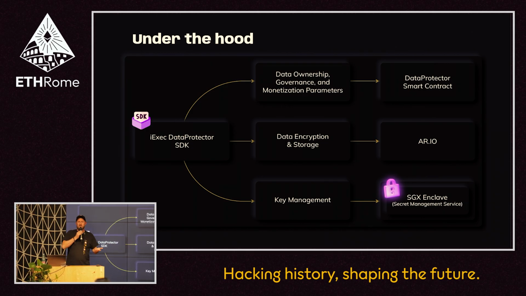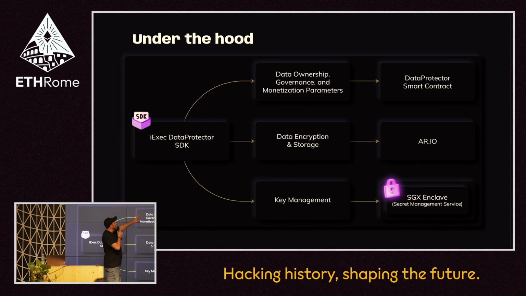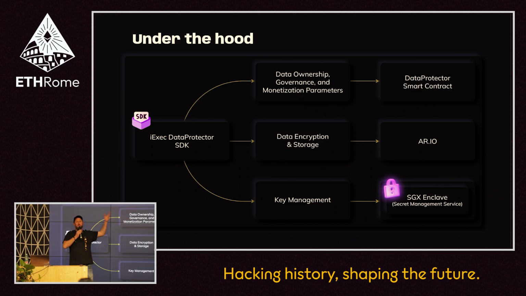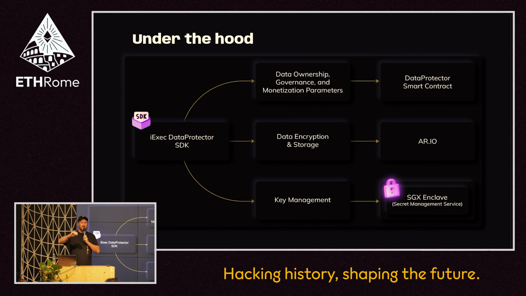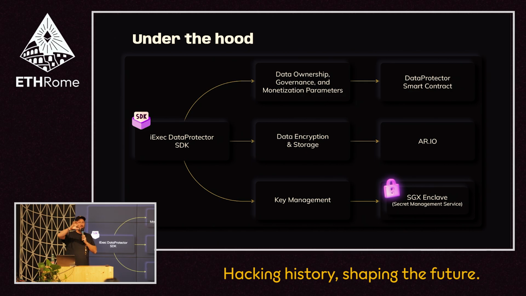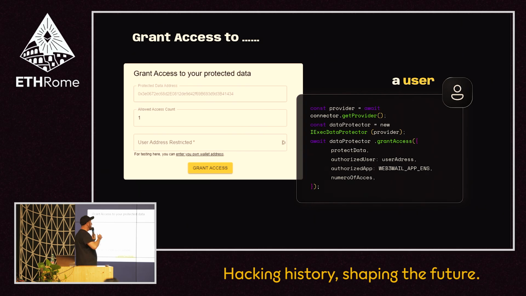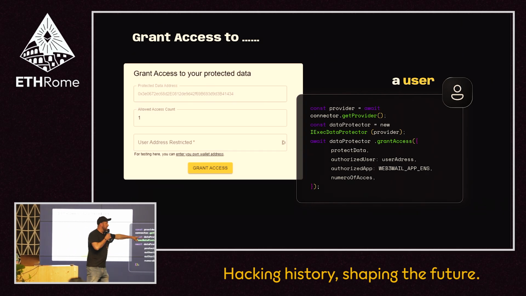It's encrypted data, so it's not a problem even if it's on a public, decentralized storage. And finally, we are calling our smart contract, data protector. It will create an NFT with all the metadata linked to your wallet. So it means you are owning this data and you can set some governance rules by using the grant access method.